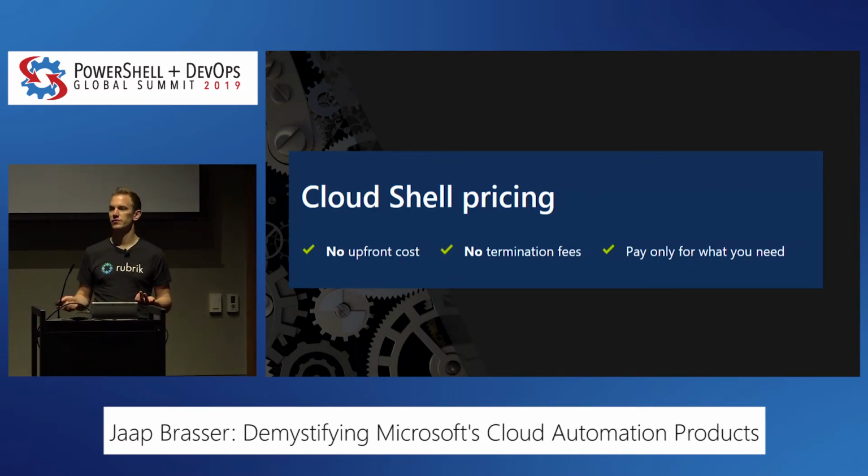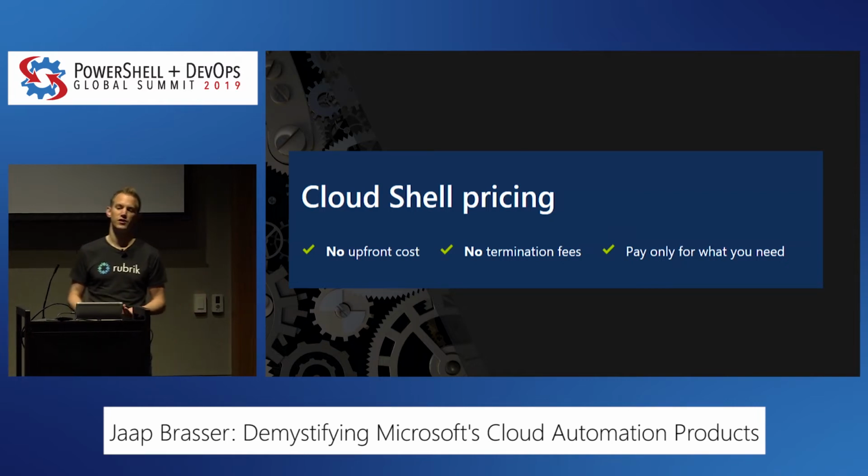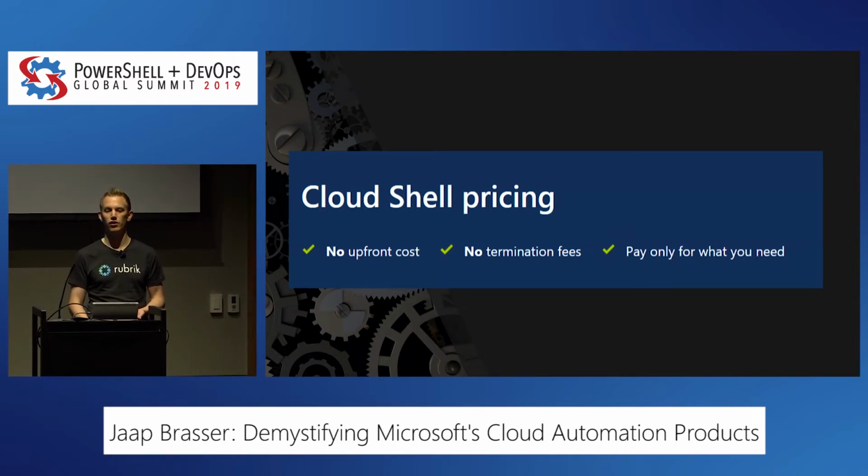Then you can also connect what's called a cloud drive. A cloud drive is another Azure storage account, and this is what you can use to put your own custom modules or your own custom scripts or your own tools, as far as the tools are not available already.